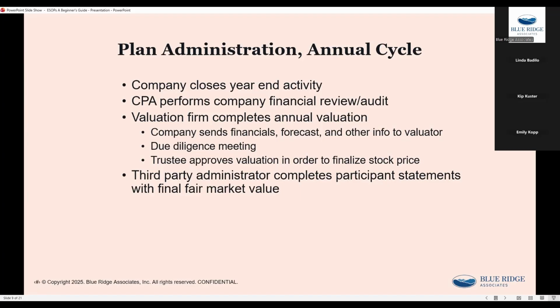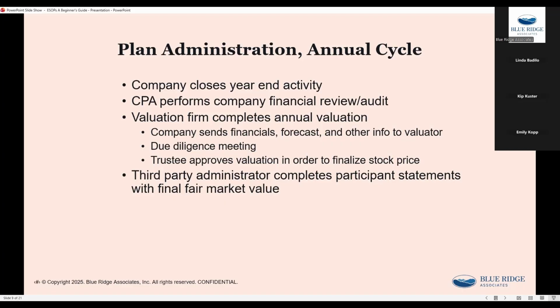Companies operate differently, so the timing of these different milestones in one ESOP company cycle might look different than another ESOP cycle. This is a very sequential process. So the timing of completing, for instance, step 2 depends on the completion of step 1, step 3 depends on step 2, etc. Just keeping that in mind helps identify the flow of this cycle from one year to the next.